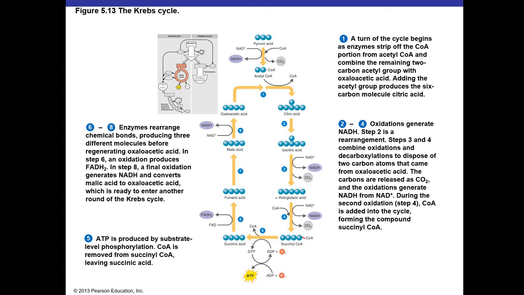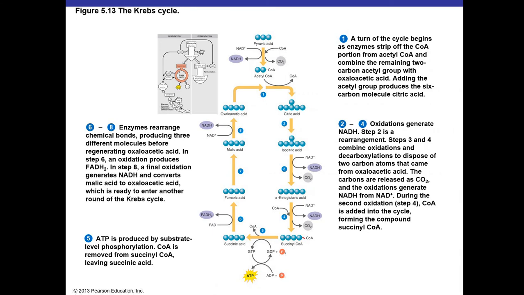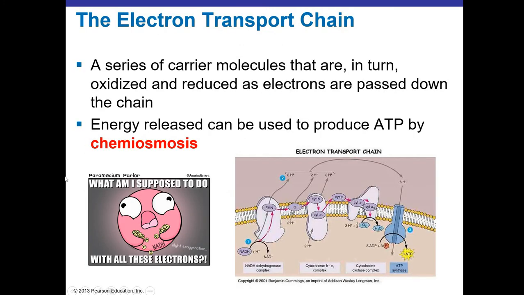The big payoff is going to be taking that potential energy that's been produced in the Krebs cycle and a little bit in glycolysis and the intermediate step, and now harvesting that, which is going to happen in the electron transport chain.